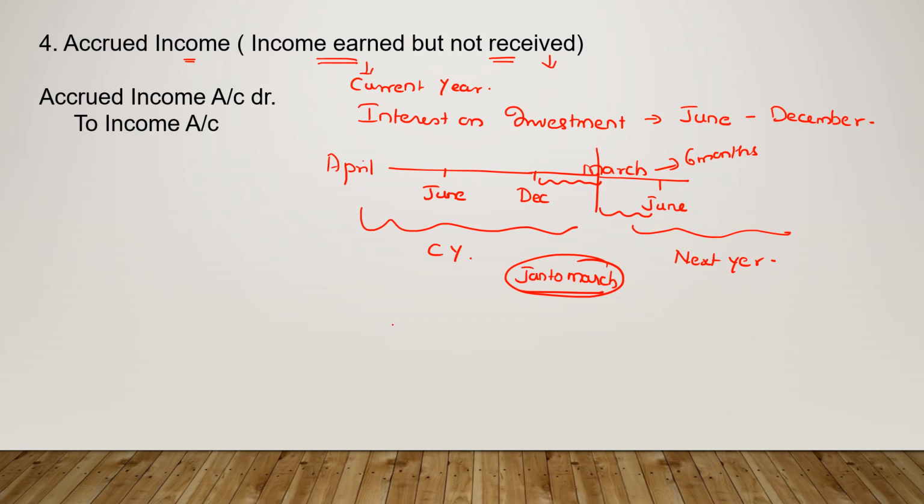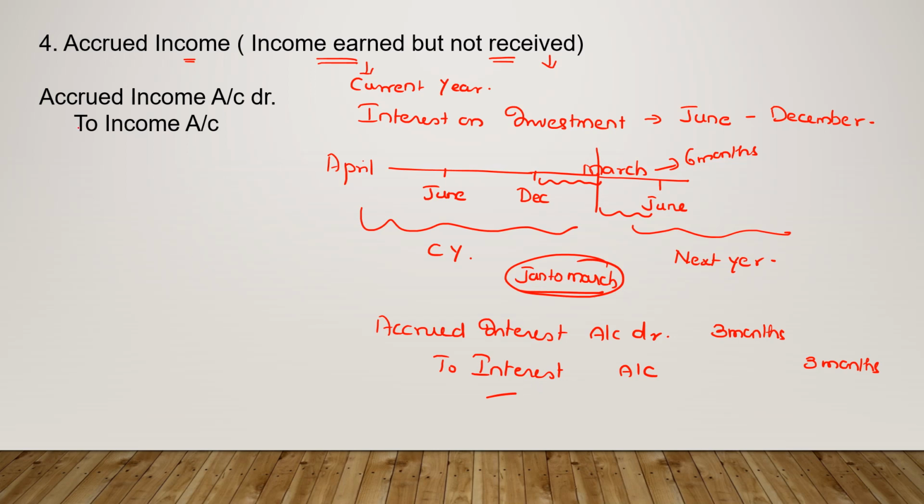In case of this interest, we would have the entry as accrued interest account debit to interest account. This way, the 3 months interest which has been earned but not yet received, which is going to be received next year, would be debited to the accrued interest account and credited to the interest account. That way it gets included in the income.